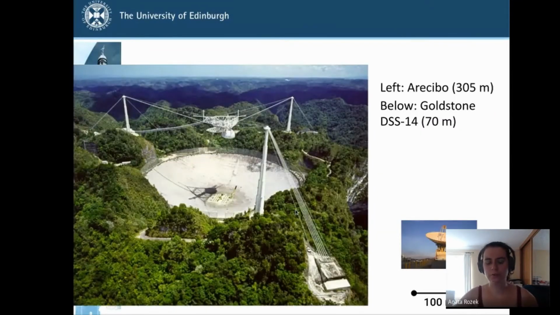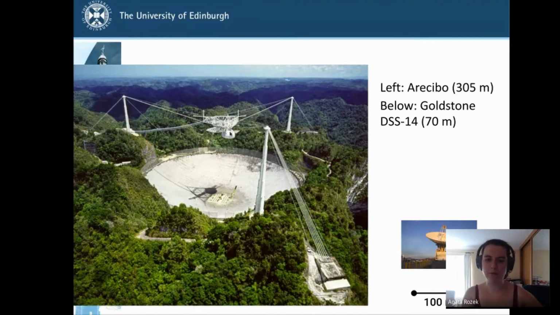Another source of information about asteroids is the planetary radar. Now, the planetary radar is quite a unique way of doing astronomical observations, because unlike the optical observations where you just gather photons that come at you, you actually send the photons towards your target.